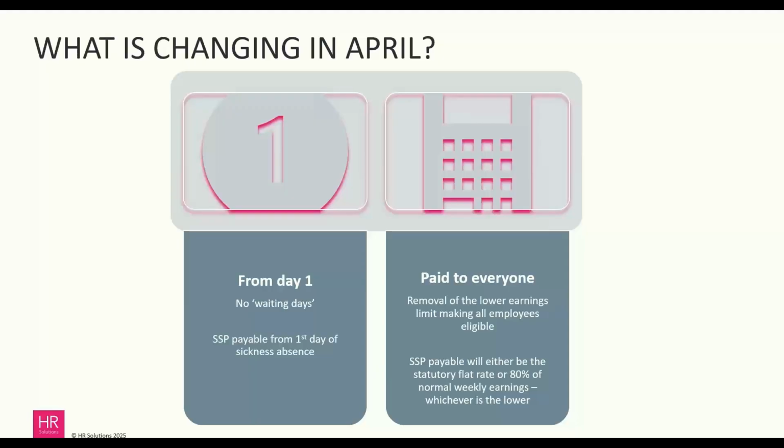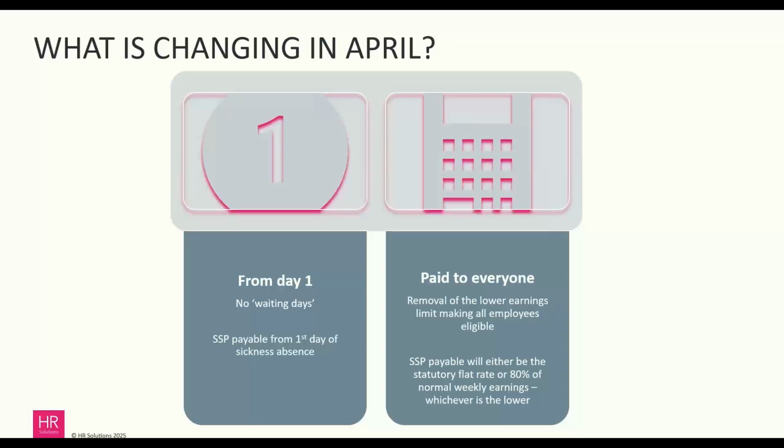Anybody below that obviously isn't. What we'll see from April is that that threshold will be removed, and that means every employee will become eligible for statutory sick pay regardless of their earnings level. Already I'm sure you can see that's a massive and significant change, because it broadens the scope as to awarding the SSP.